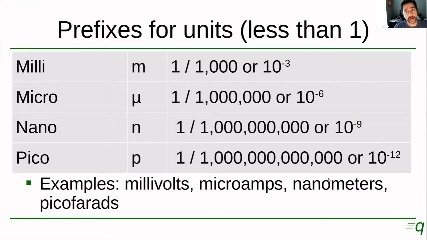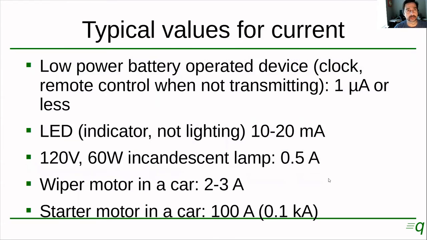Going back to electricity, let's see what are some typical values for electric current. If we have a battery operated device like a clock or a remote control when not transmitting, think of devices that are battery powered and do not have an on-off switch, and the batteries last several months.